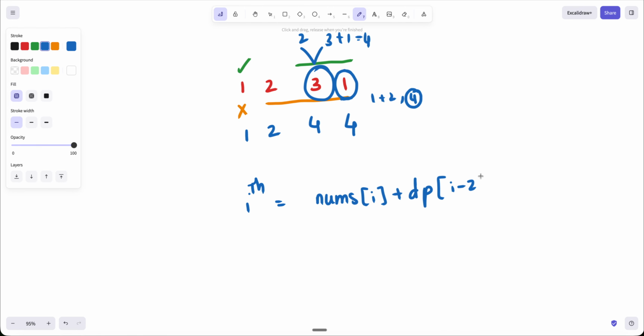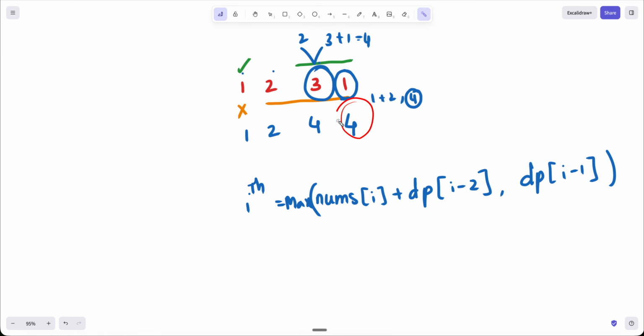Then if I am taking it, it will be i minus 2, because i minus 1 is adjacent. Or if I am not taking it, I can directly take the answer of i minus 1. And among this, I am going to choose the max of it and I'll update my answer. And my final answer would be there in the last index of the array.